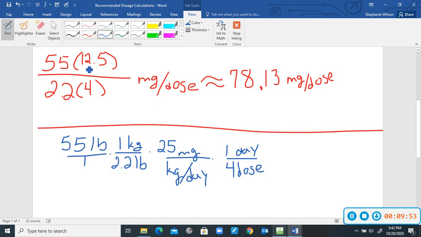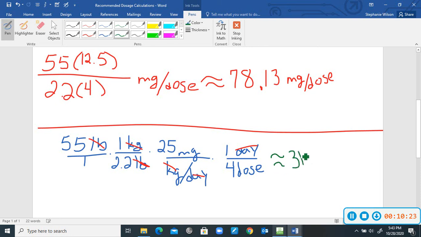Okay, so let's go through here and mark the units out that we want to eliminate. Alright, so now we have 55 times 25 divided by 2.2 times 4. We're going to round to the nearest hundredths if possible. No trailing zeros, guys.